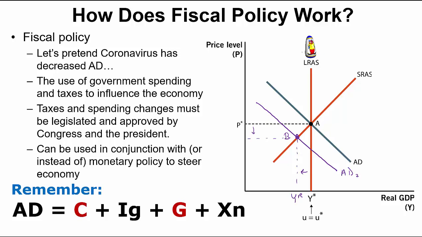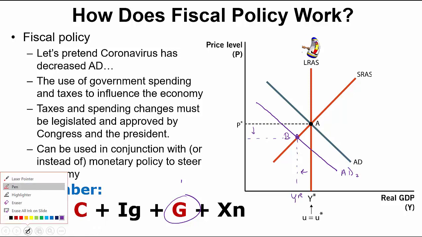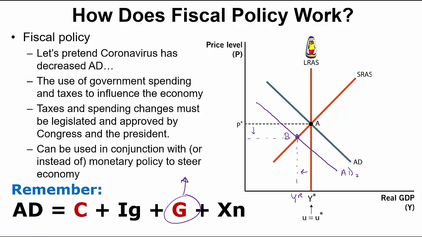In this example, we're trying to increase aggregate demand, so two things could happen: we can increase government spending, or taxes could be lowered, which would then increase consumption spending. Either way, theoretically, if the government spends more money or lowers our taxes and we spend more money, the aggregate demand curve will shift back, and therefore the economy will be fixed. So that's what fiscal policy is.